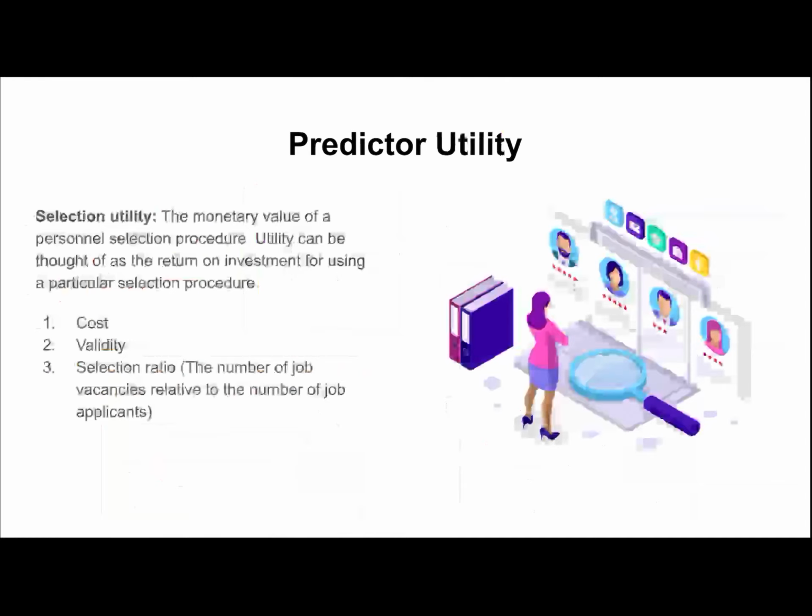But hopefully, if I have 2 openings, I have 3,000 applicants, and it is worth putting the money into a good selection procedure because I'll end up with 2 very high quality employees from such a big pool. So again, the selection utility is its value, its return on investment. We're comparing the cost of this procedure, the validity, how well it works, and the number of people applying versus the number of openings we have.